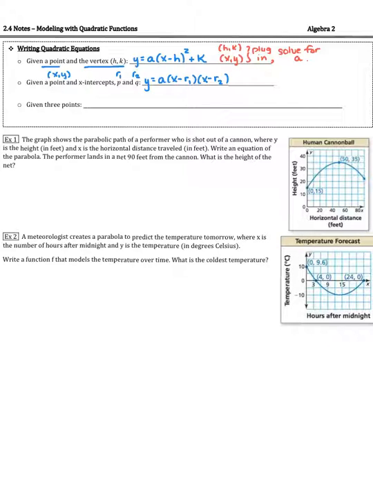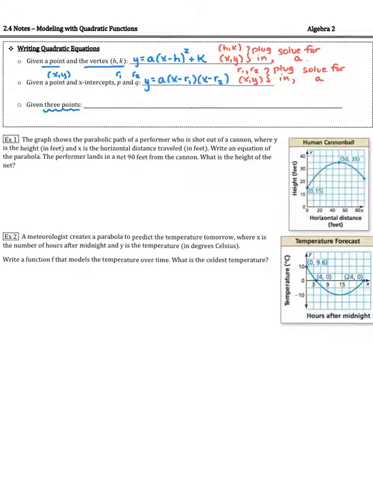So when it comes to you in this form, you will be given, or you can find, r1 and r2 from your graph. You're given an (x, y), you can find it from the graph. You want to plug all those in, and again, solve for a, which is what we're going to do in our examples below.